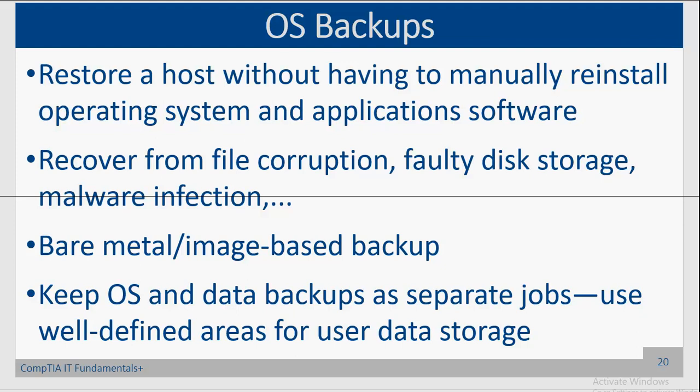It helps a lot when you have the OS on a separate drive, so you can restore hosts without having to manually reinstall the operating system and application software. If you have to reinstall the operating system, then install the applications and configure them, that could be days and weeks, and who knows.